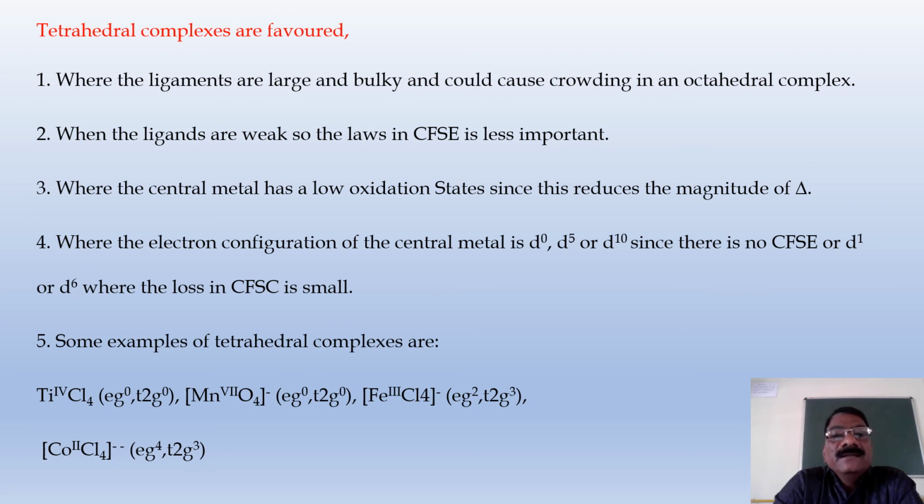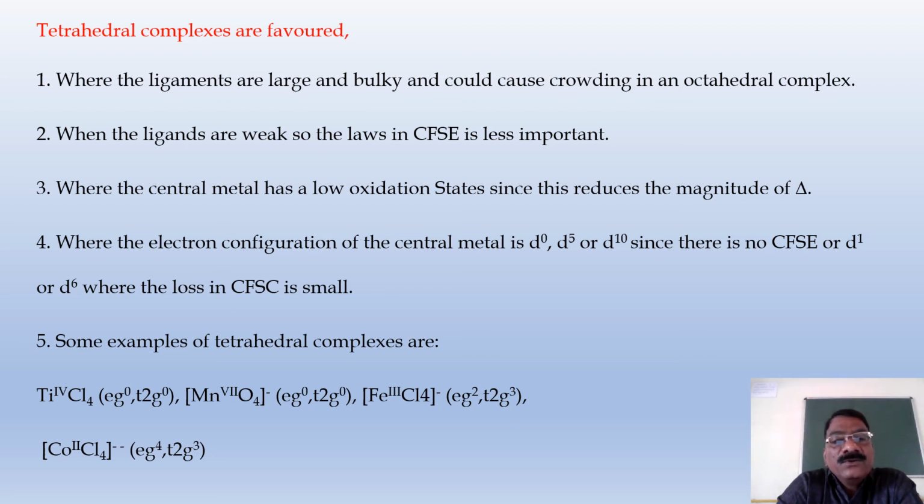Where the central metal has a low oxidation state, since this reduces the magnitude of delta values, it favors tetrahedral complexes. Where the electron configuration of the central metal is d0, d5, d10, since there is no CFSE, or d1 or d6, where the loss in CFSE is small, it favors tetrahedral complexes.